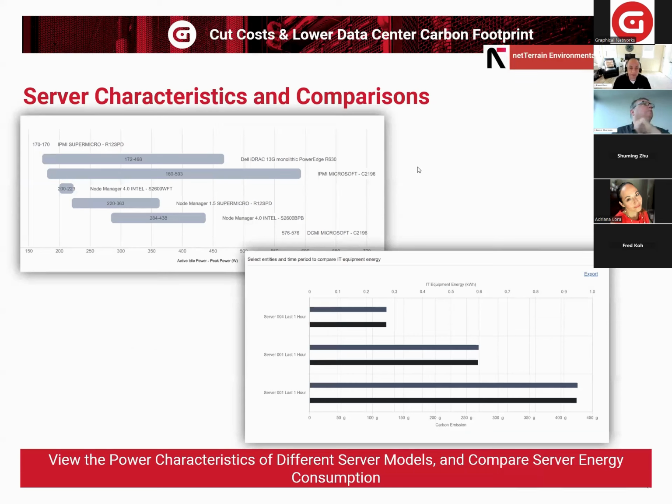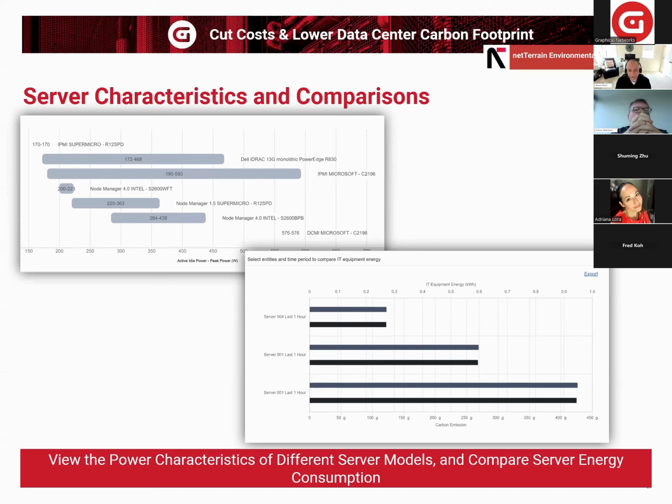Another thing you can do is compare servers against each other, and also, like I was mentioning before, compare how the server models that you have in your infrastructure are performing, which ones are consuming more power than the others. That can help with some server procurement decision making and help you compare server generations and even architectures against each other, as you can see in the lower graph here.